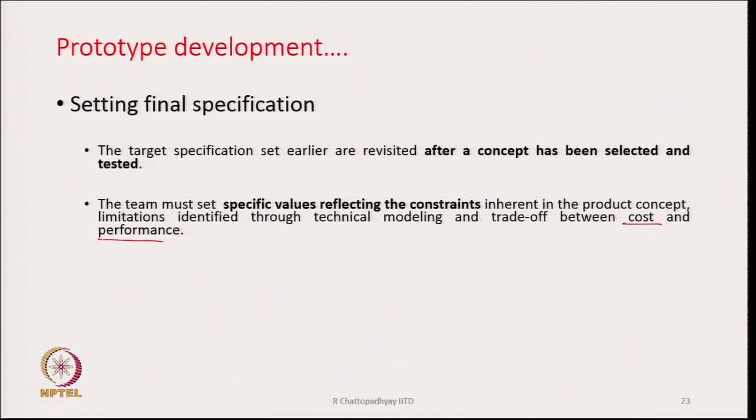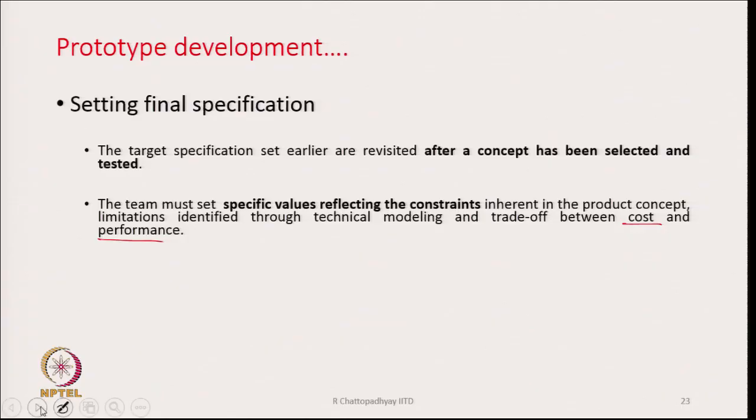This is what is achievable with this particular design concept, and we cannot attain a value beyond this or below this, whatever it could be, and what is the corresponding cost for this.